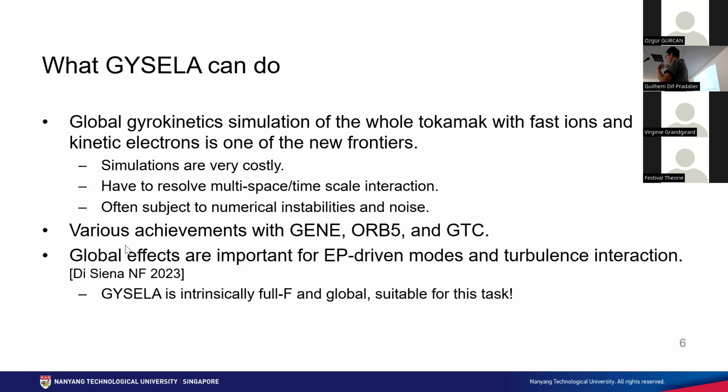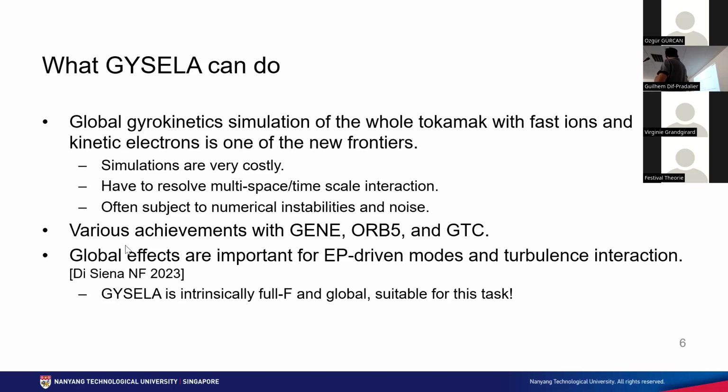Also, whenever we have magnetic perturbations, the code often becomes very prone to instabilities and noise. This is because we have added a fast time scale, which is the alpha wave, and the electron motion, which is very, very fast. So we have to be careful, because this makes the equations that we're solving much more stiff.